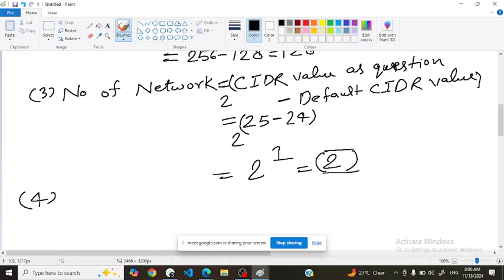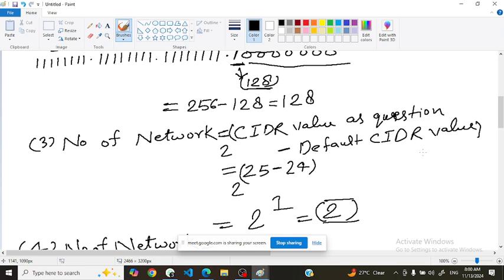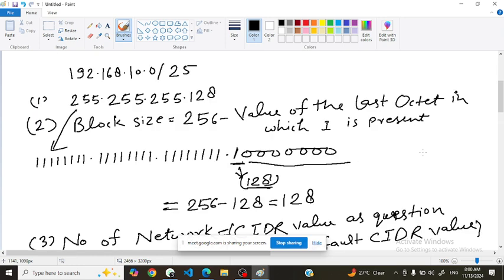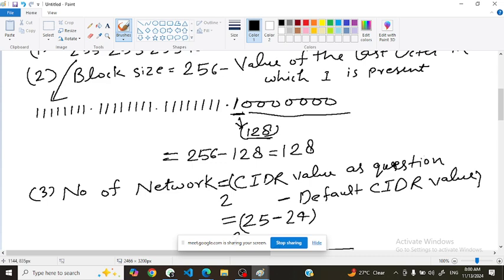And the last one is number of hosts per network. Block size minus 2. No, basically the host, one minute. Is it clear for everyone how to calculate the number of networks?